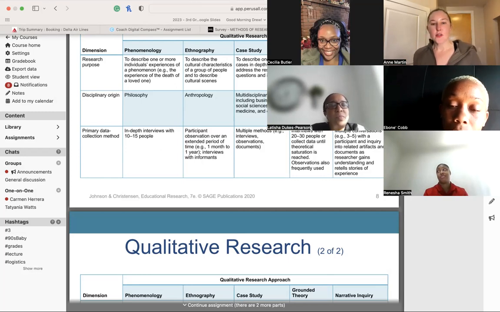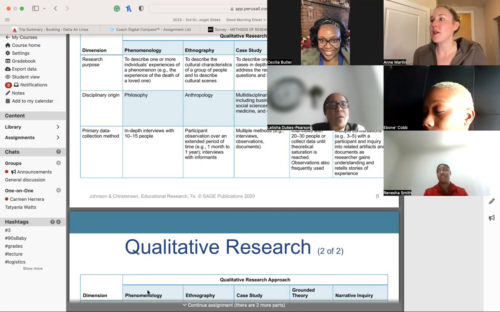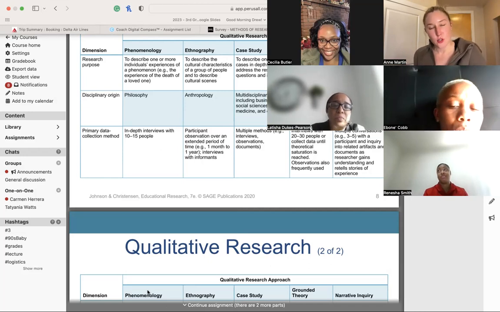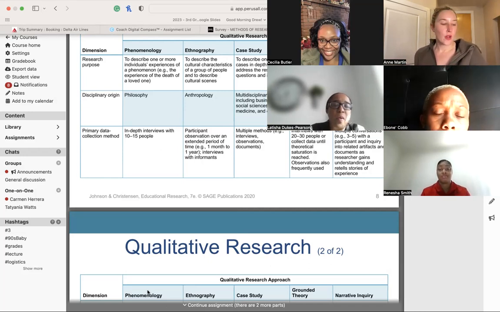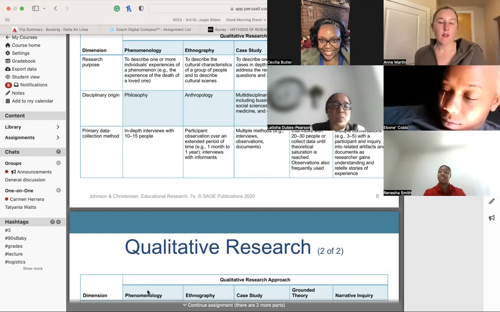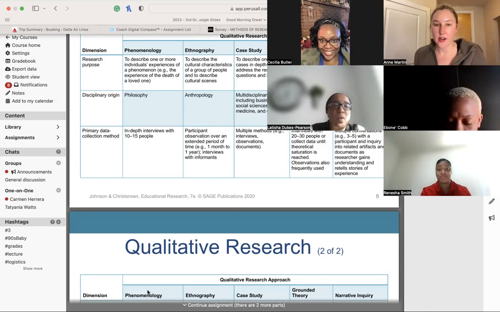It says here a month to a year. So if an educational researcher wants to do an ethnography of a school, they would be going to that school almost daily for probably a year.